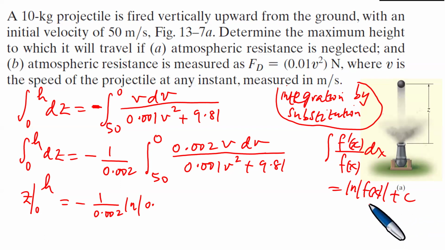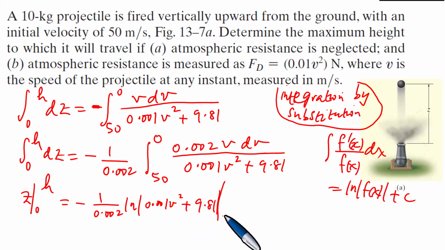There's integration by parts, which we used in that other lesson last time, but here we use substitution. If you have a function whose derivative is in the numerator, then the answer becomes the natural log of the denominator in modulus signs plus c, which is 0.001 v squared plus 9.81.